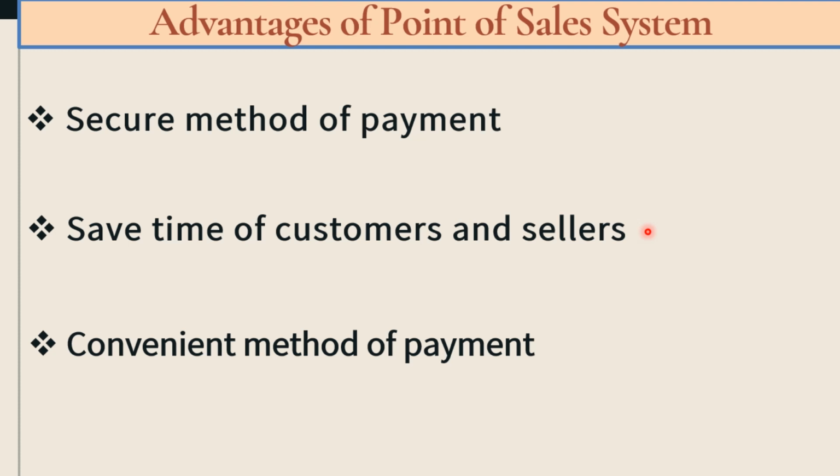Automatically the machine reads the commodities purchased by the customers, and within a fraction of a minute the device will calculate and prepare the bill. In this way it saves the time of the customer as well as the time of the sellers at the counter. So this is another advantage of the POS system.